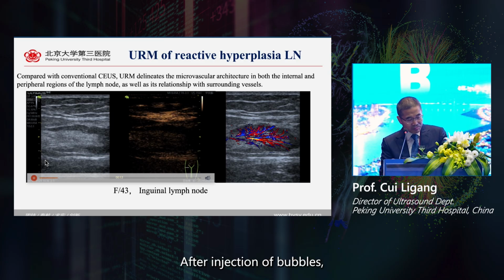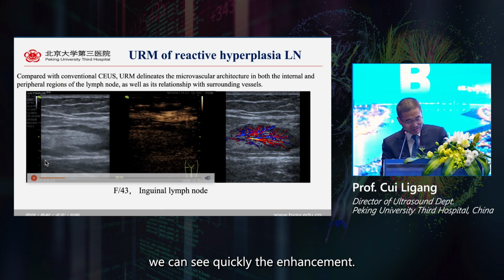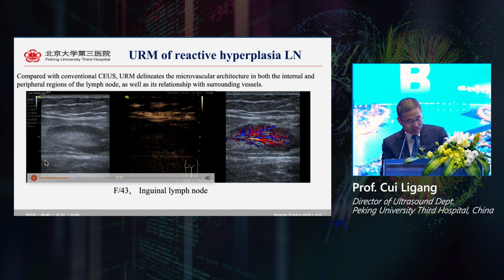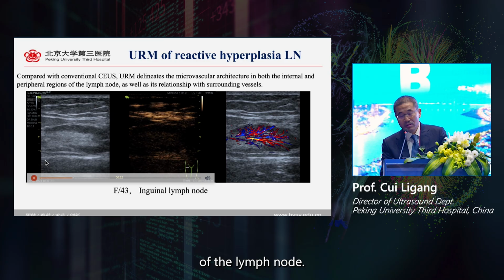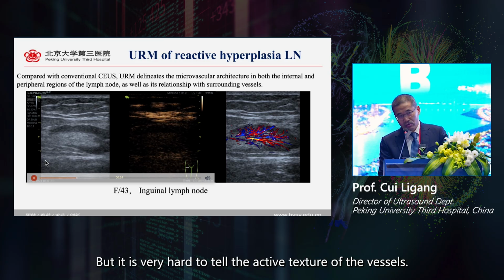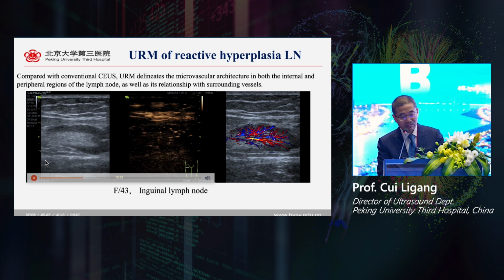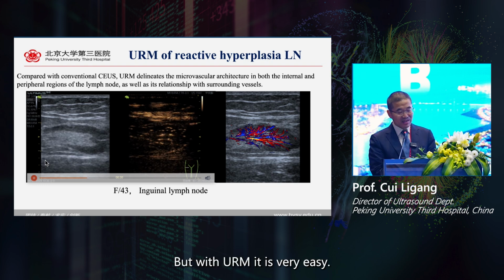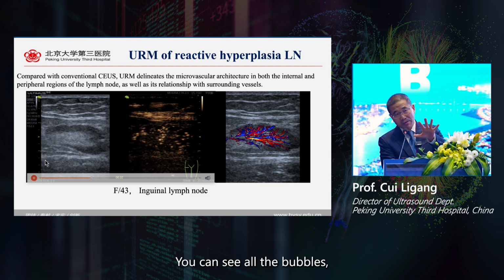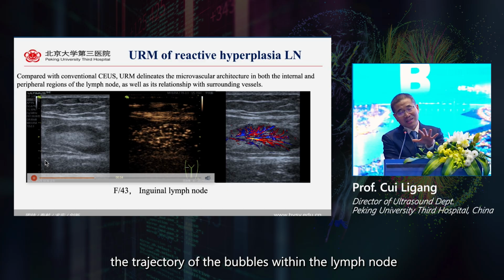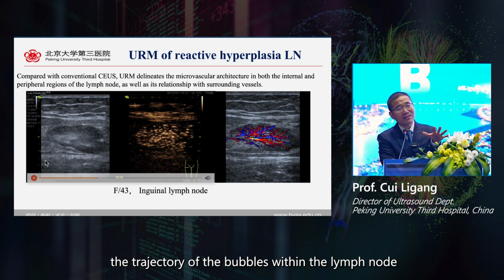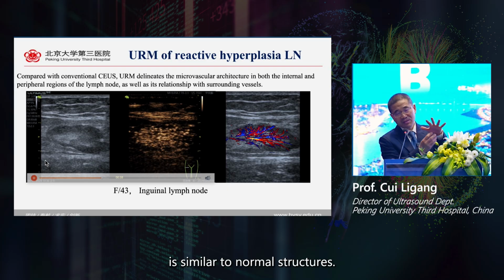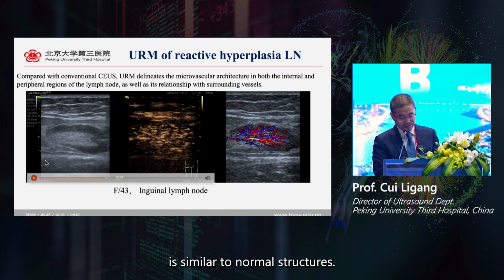After injection of bubbles, we can quickly see the enhancement of the lymph node, but it's very hard to tell the architecture of the vessels. But with URM, it's very easy. You can see all the bubbles, and the trajectory of the bubbles within the lymph node is similar to normal structures.